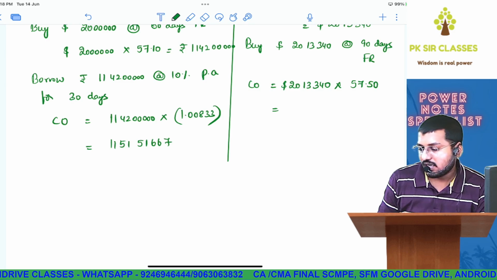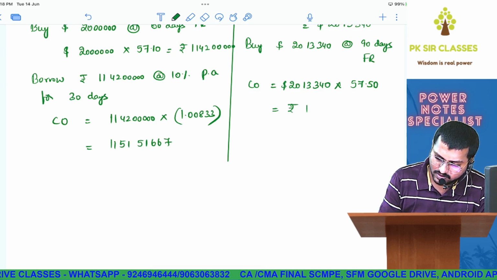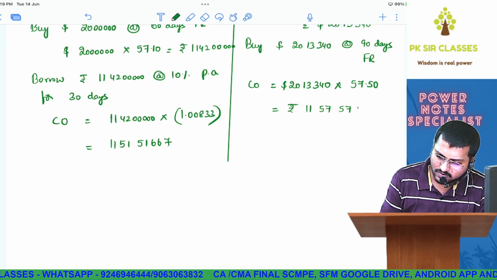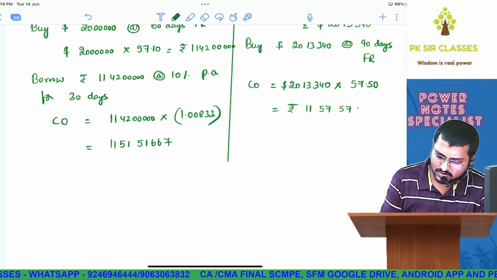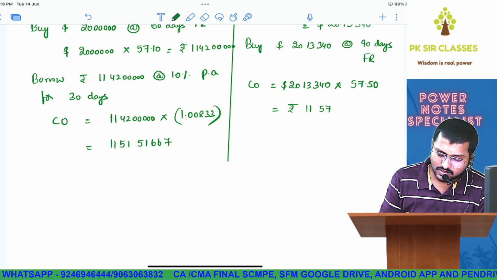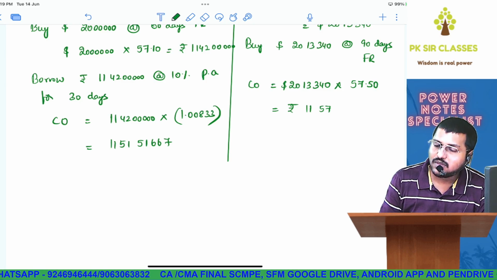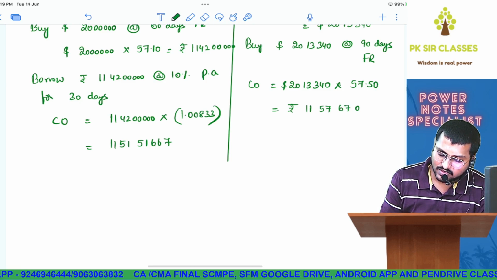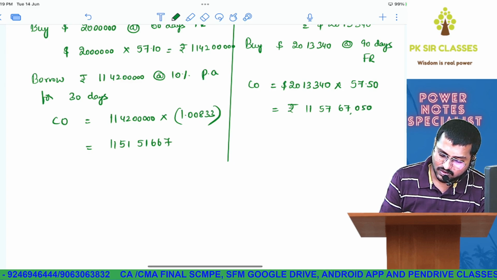Tell me how much it comes to. 11 crore 57 lakhs 67,000.